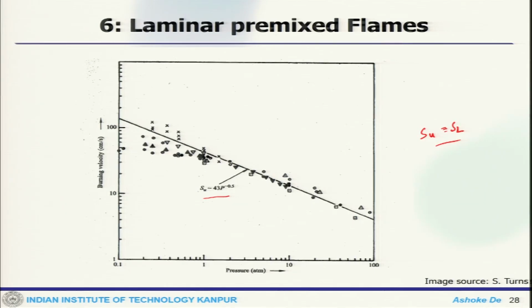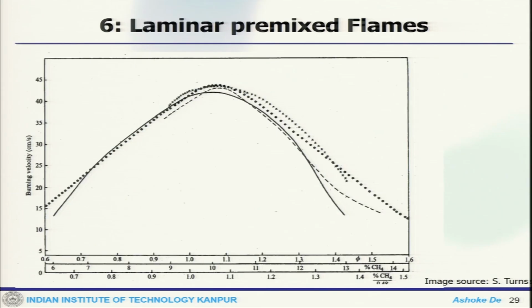For laminar burning velocity as the pressure changes, the data at lower pressure is quite scattered, while the burning velocity at higher pressure follows some correlation.